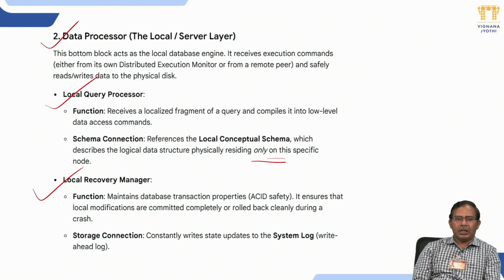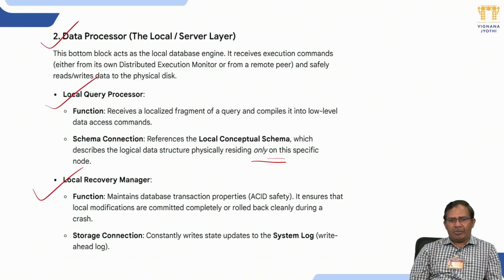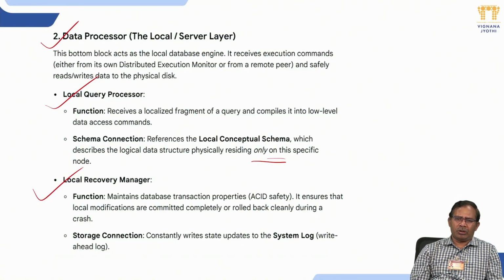It ensures that the local modifications are committed completely or rolled back cleanly during a crash. If it is successfully executed, the data is going to be stored for a long time with durability, and accessibility is given to access the most recent updated data. If it fails to complete the execution successfully, we do a rollback.